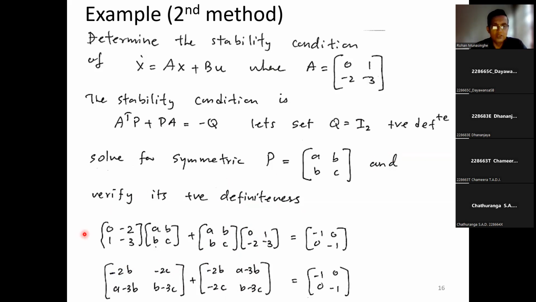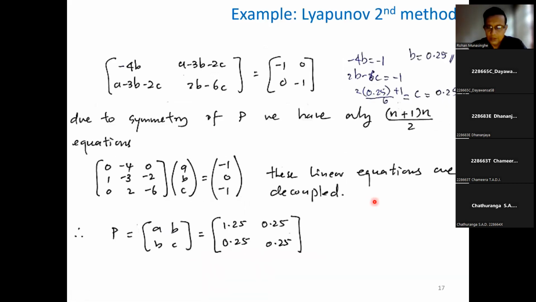Element 1,1 equals element 1,1 on the right-hand side, element 1,2 equals element 1,2 on the right-hand side, and so on. But the matrix P is symmetric, so you don't actually get 4 independent equations. And you don't need 4 independent equations because you have only 3 unknowns to solve, a, b, and c. So let's move on.